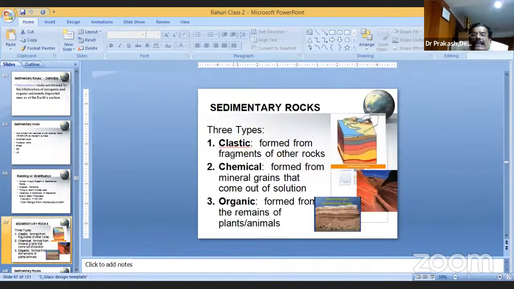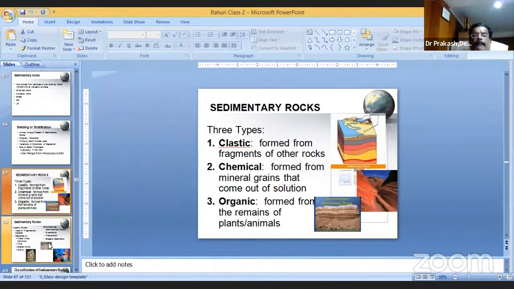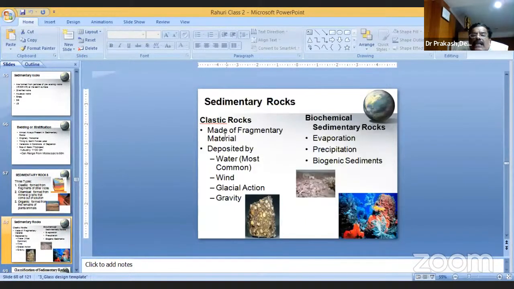Sedimentary rocks may be clastic, formed from fragments of other rocks; these are called detrital or fragmentary rocks. Chemical, formed from mineral grains that come out of solution. Organic, formed from the remains of plants and animals, for example coal. Clastic rocks are made of fragmentary material deposited by water, most commonly, and also by wind, glacial action, and gravity.